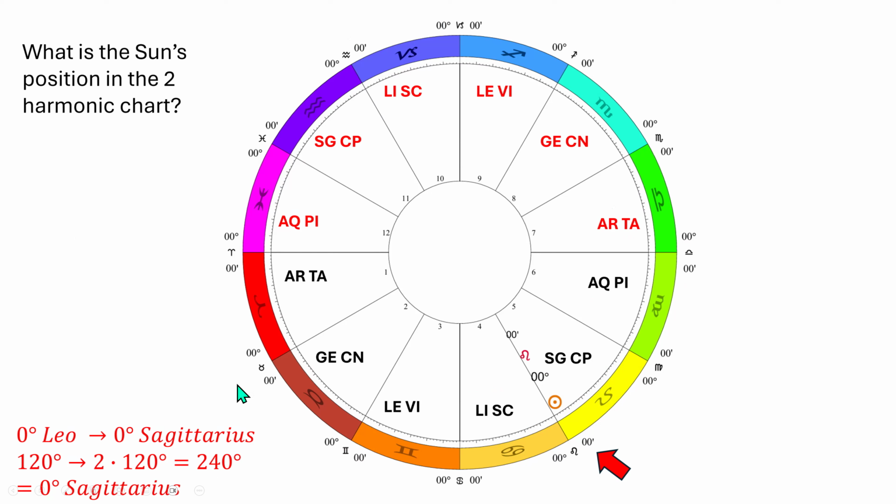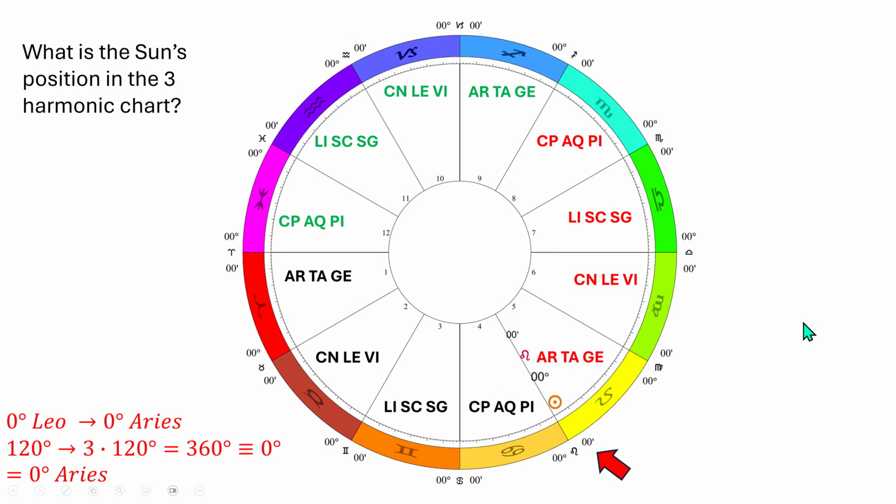And notice down here that if you take the distance that 0 degrees Leo is from 0 Aries, that's 120 degrees. And if you multiply 120 degrees by 2, which is our harmonic, you get 240 degrees, which is the same as 0 degrees Sagittarius. Okay, and the 3 harmonic, you can just read it off here.